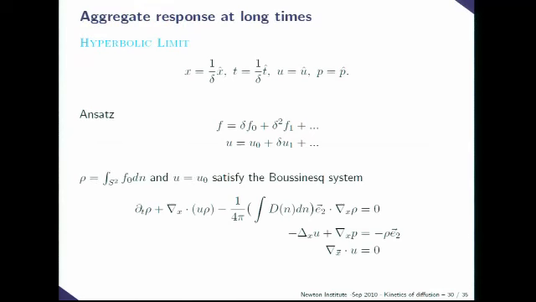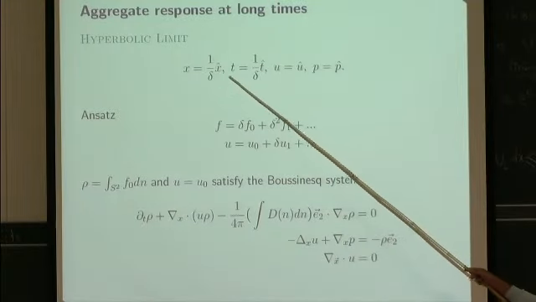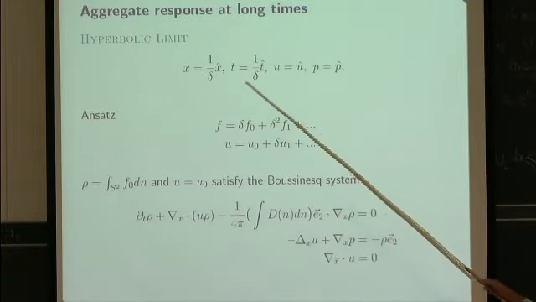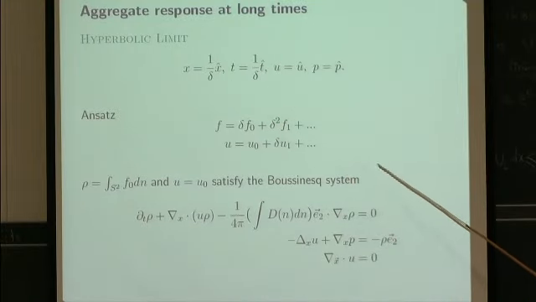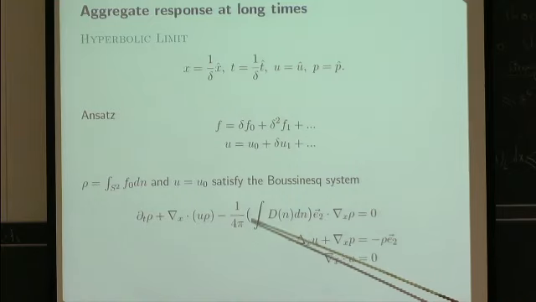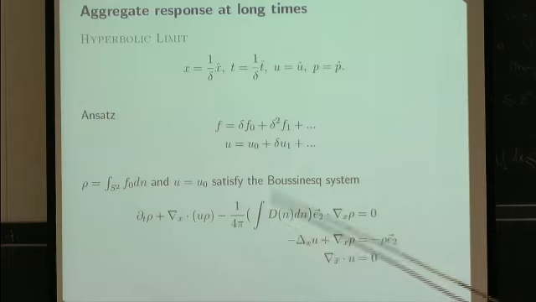So if you look at the hyperbolic limit in this problem, which means that you look at scales, x is 1 over delta x and t is 1 over delta t, and you compute, you get a Boussinesq system, where this is some kind of average velocity, and then we wanted to see what happens if you try to look at the diffusive limit.